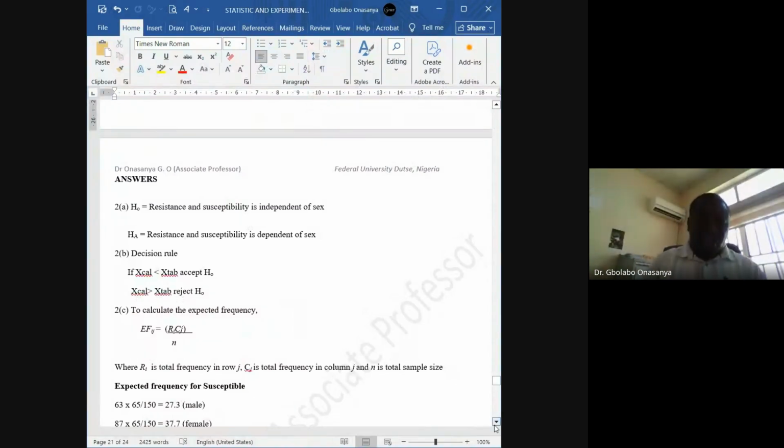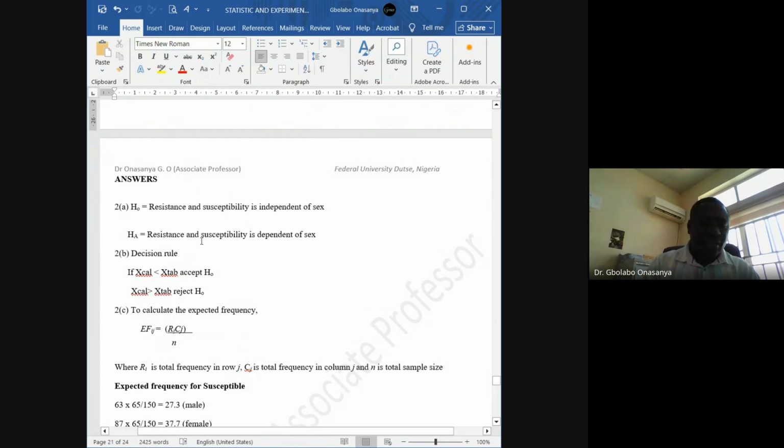The alternative will say sex affects resistance and susceptibility of pigs to swine disease outbreak. Somebody may use another language: null is that resistance and susceptibility are independent of sex, while the alternative is that resistance and susceptibility are dependent on sex. Am I speaking sense? Isn't it interesting?